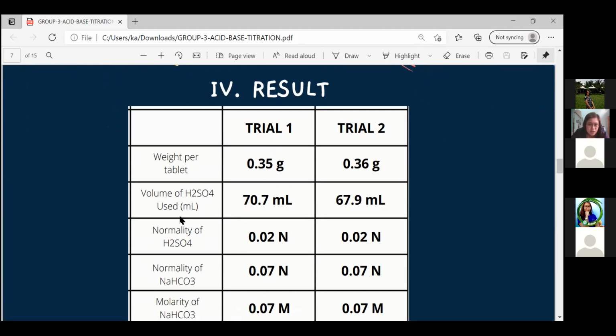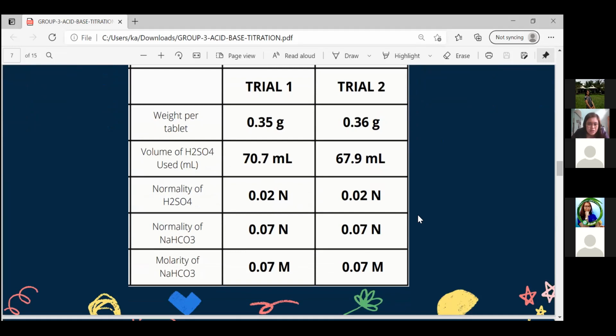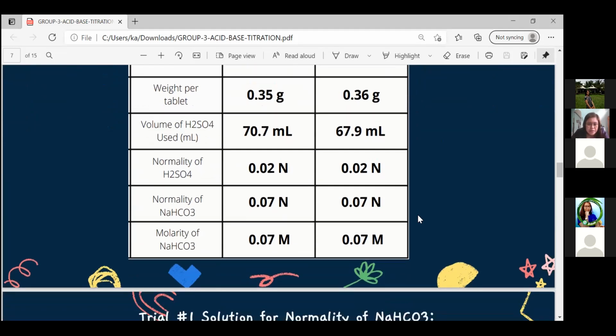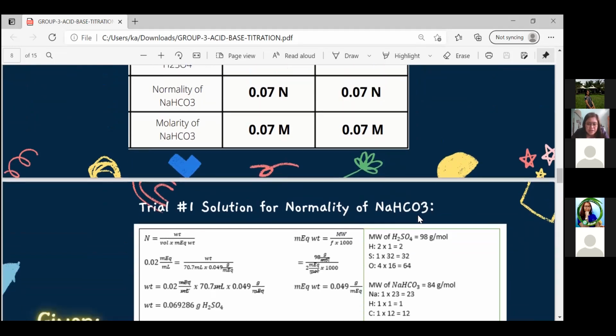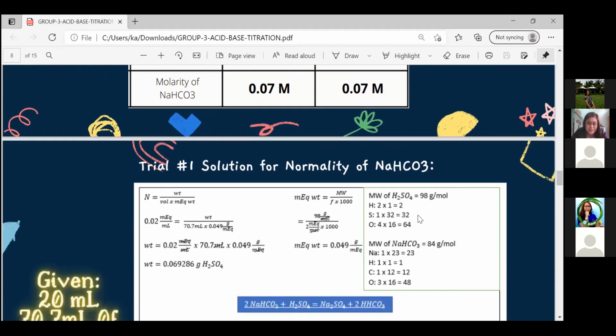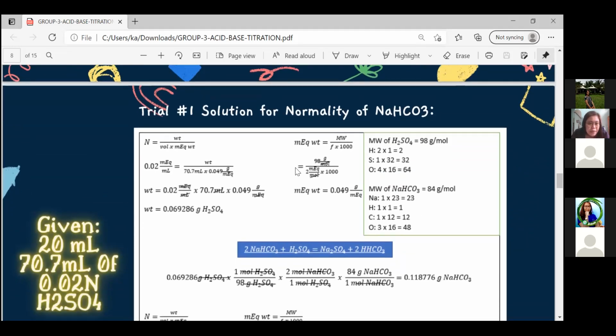And then the volumes, these are results of the experiment. The normality is for sulfuric acid, which is given in the problem. So 0.02. And then this is what you have computed. So let's check once again. Actually, nag-compute ko kagaina while you are reporting. So tama ang inyong gibuhat.